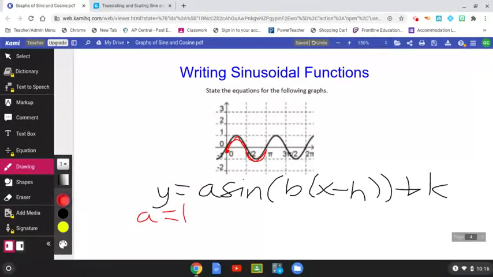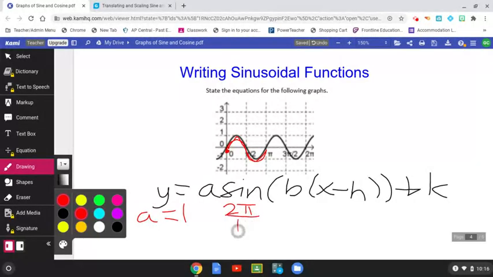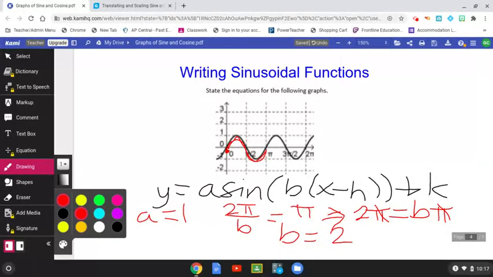Okay, so remember, the way that we would always find B, or the way that we would find our new period, is always to take 2 pi and divide it by B. Okay, so looking at the graph, we know that 2 pi over B actually equals 1 pi, because that one period is sketched from 0 to pi, making the period in the graph 1 pi. So I could use this equation to solve for B. So let's say that I multiply by B on both sides. I get 2 pi equals B times pi. And then honestly, because we have pi on both sides, they're just going to simplify out. So from that, we know that B equals 2.